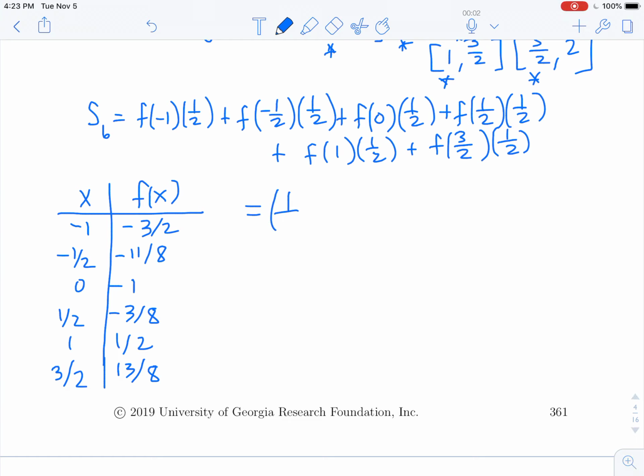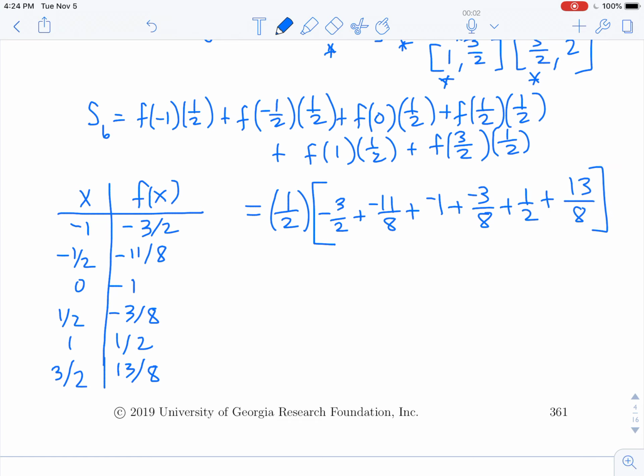I'm going to take that 1/2 and pull it out of everything, and then add f of -1, f of -1/2, and so on. So let's see, -3/2 plus -11/8 plus -1 plus -3/8 plus 1/2 plus 13/8 is what this works out to be. Okay. And for purposes of making an illustration, I'm going to write this in kind of a silly way.